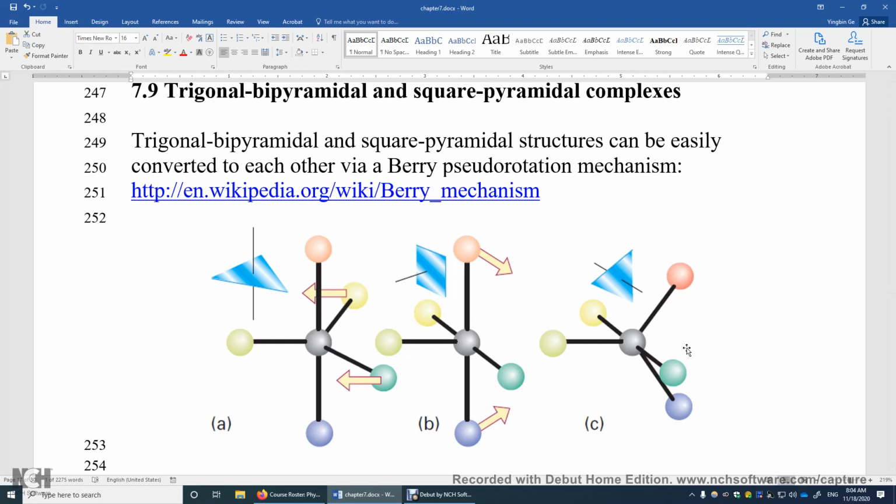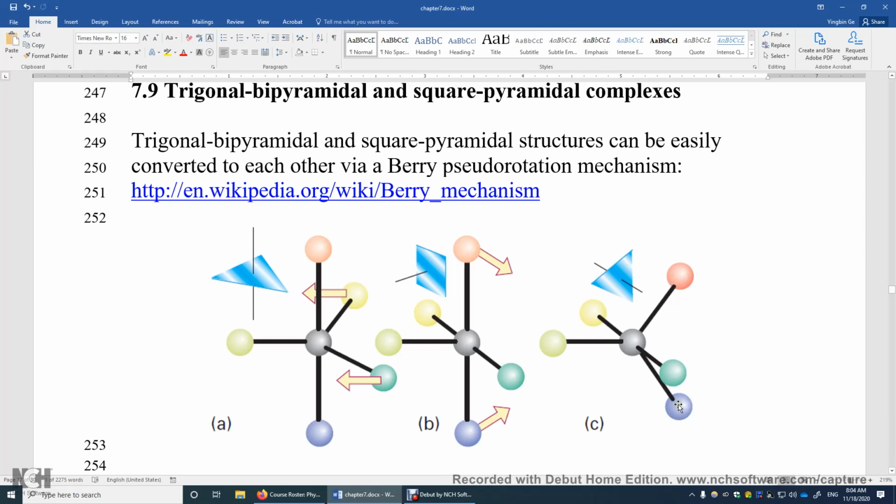But this time, I want you to pay attention to the 2 axial ligands. These 2 are the axial ligands. Initially, the ones on the axial positions were orange and blue. Now it's green and yellow. So where are the orange and blue? They are here. The orange and the blue ligands are now on the equatorial positions.